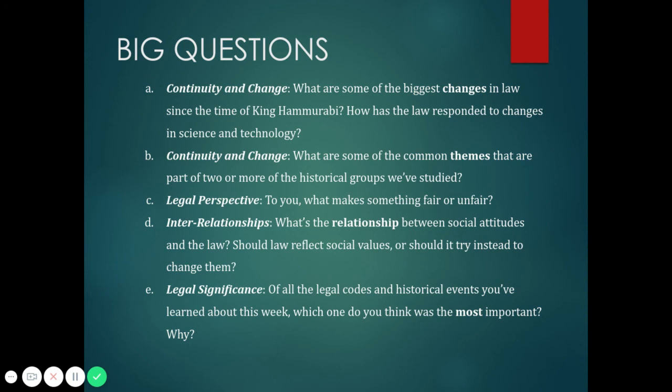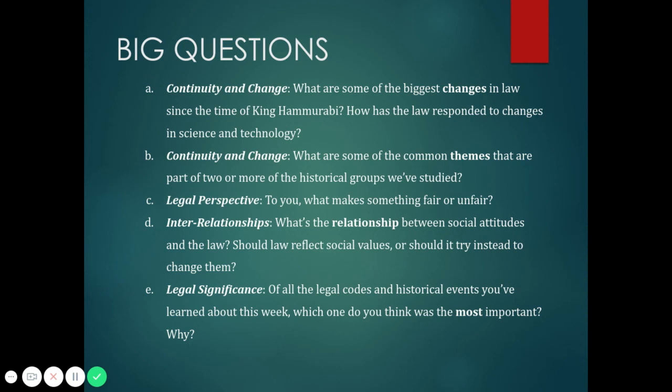When we look at the issue of legal perspective, you've looked at legal systems that are really different. To you, based on all of this reading and listening that you've done, what makes something fair or unfair? And have any of these historical legal societies gotten it more right than others? We can also look at the idea of interrelationships.